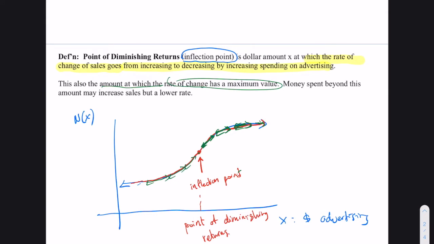So it's like the point where the rate increases the most up to that point, and then it starts decreasing. We still process material, still learn material, but the rate of learning is much slower than in the first half. So that's another way we can think of the point of diminishing returns.